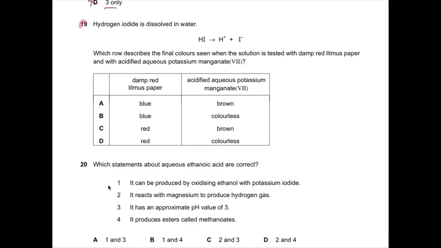Now, MCQ number 19. Hydrogen iodide is dissolved in water. Okay, so there is a chemical reaction. The chemical equation for the dissolving of hydrogen iodide is shown. Which option describes the final colors seen when the solution is tested with damp red litmus paper and with acidified potassium manganate(VII)? Okay. So there are hydrogen ions, right? So hydrogen ions keep the red litmus paper red because the solution is acidic. So A and B go wrong.